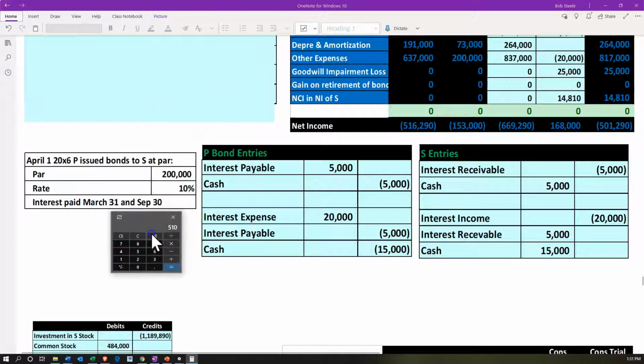And that accrual entry we figured out, I won't calculate it again, when we calculated these items. We recalculated what would have been done for P and S with regards to these bonds in the current time period. Part of what would have happened for P and S is they would have recorded the interest payable, reversing the prior year accrual here, and the cash, and then the reversal of that on the other side.